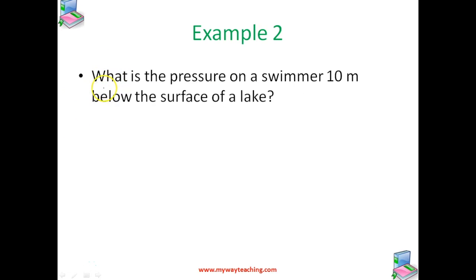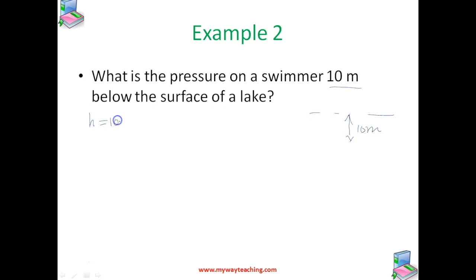The problem is: what is the pressure on a swimmer 10 meter below the surface of a lake? So the swimmer is 10 meter below the surface of the lake. Then what is the pressure? They have given h here, isn't it?